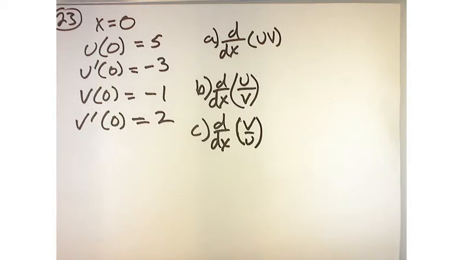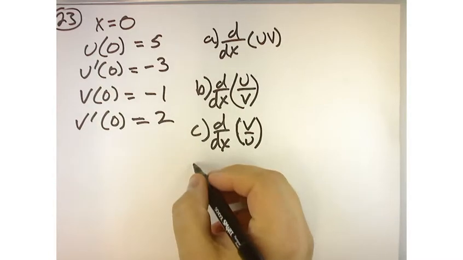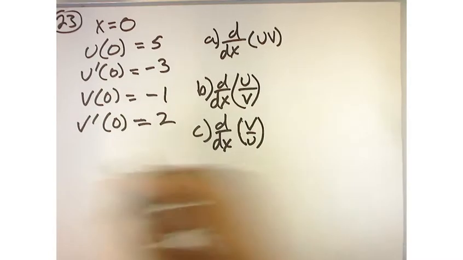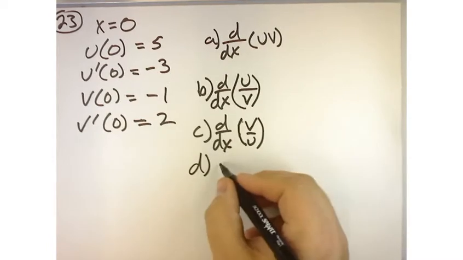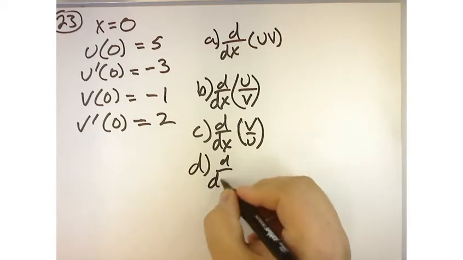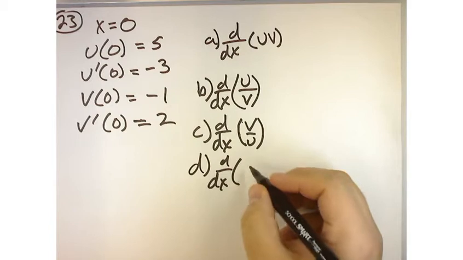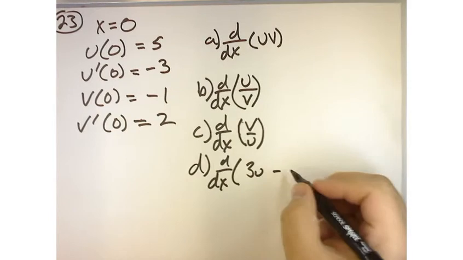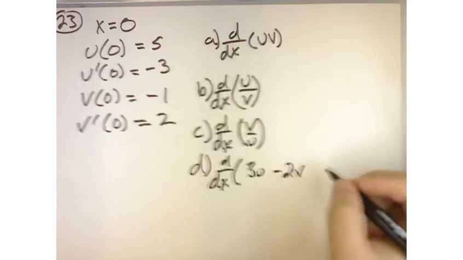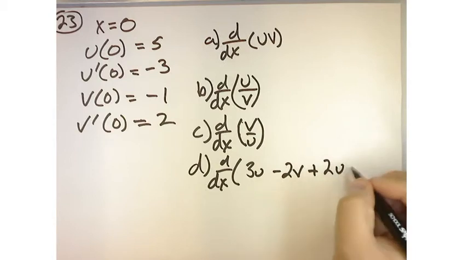That's a tricky one. That's not fair. And then D is a really hard one. D, what is the derivative with respect to x of 3u minus 2v plus 2uv?